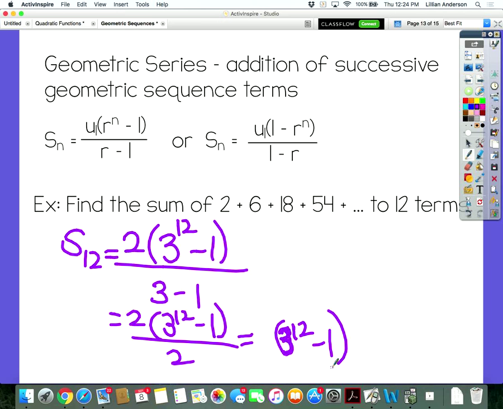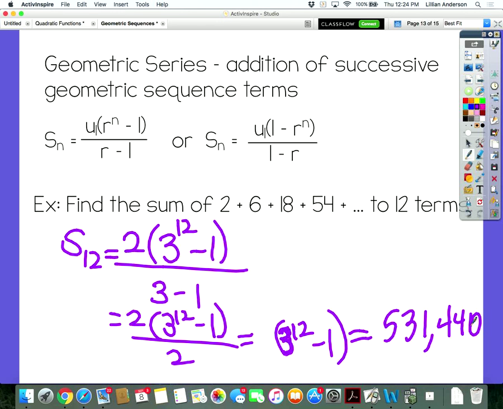And I want one person to read me off the series of numbers that represents the sum. Is it 531,440? Good stuff.